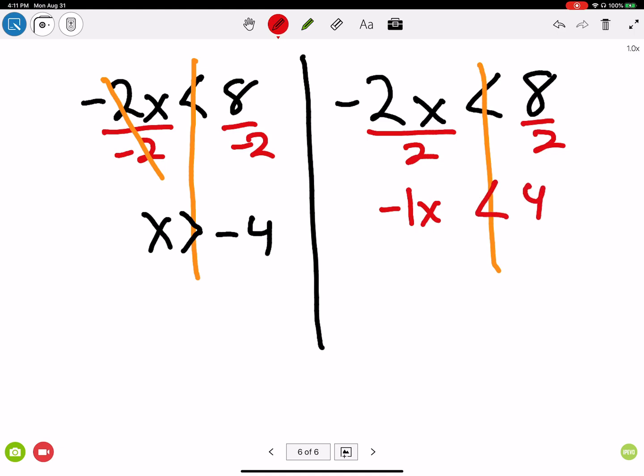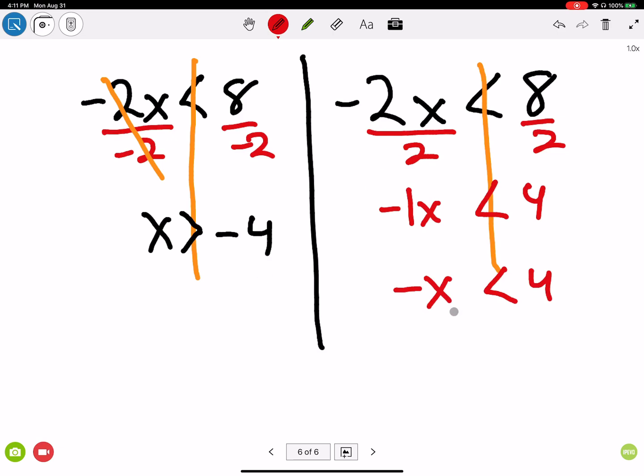Well, another way of saying negative 1 times x is just negative x, okay? Negative 1 times positive x gives me negative x. The same way that negative 1 times 3 gives me negative 3, negative 1 times 5 gives me negative 5, negative 1 times x, because remember, x doesn't have a negative in front of it, is negative x.